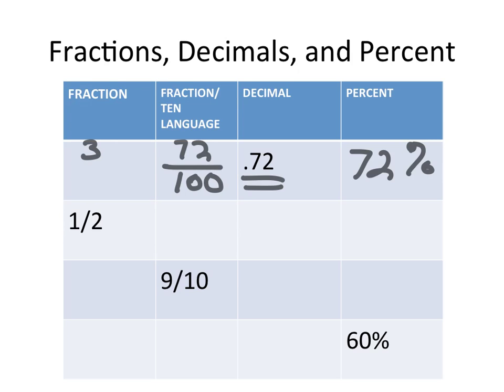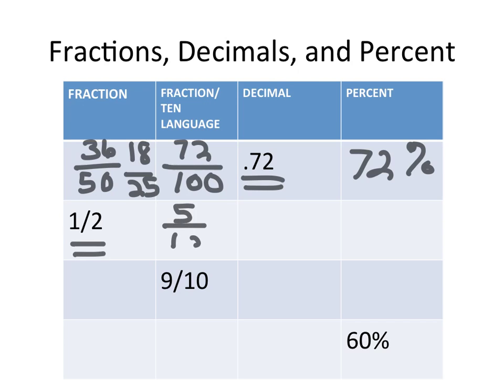Or if we simplify that, we could get down to 36/50ths or 18/25ths. If we have a fraction that reads 1/2, that could be 5/10ths, or 50/100ths, or 50%.